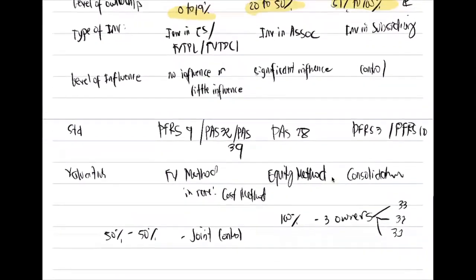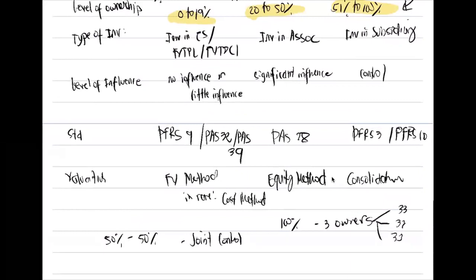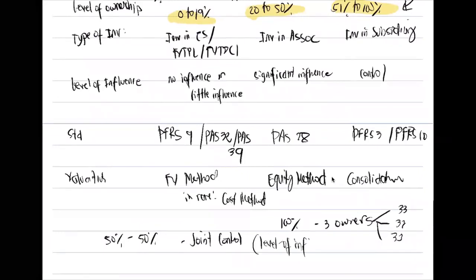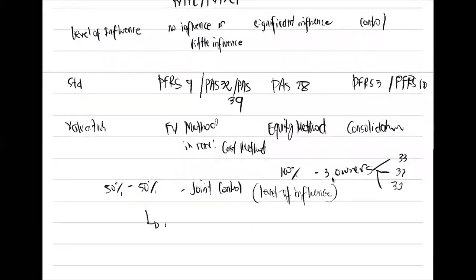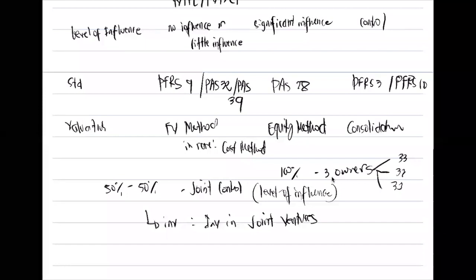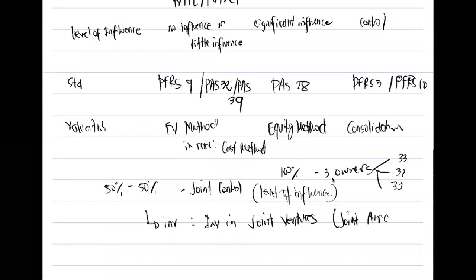If you have a joint control, that is the type of influence. So the level of influence is joint control. We call the investment as investment in joint ventures, or at some point, it is also known as your joint arrangements.